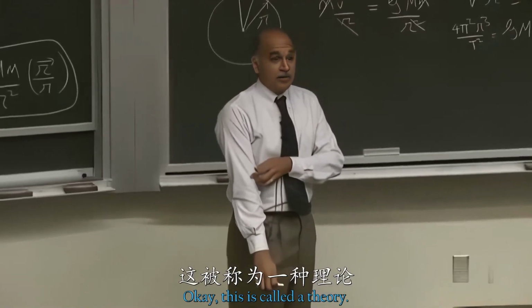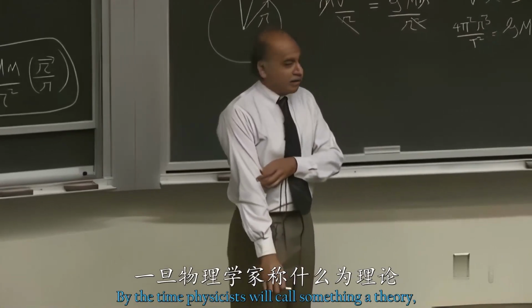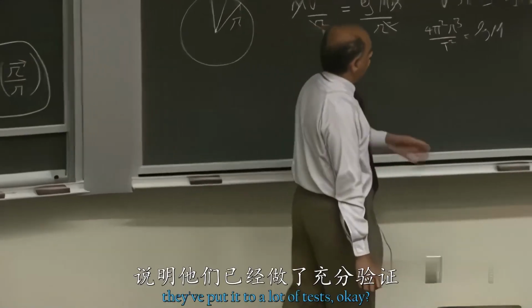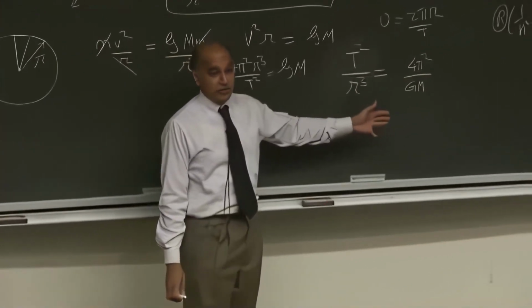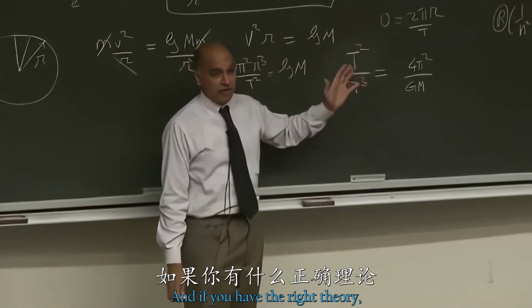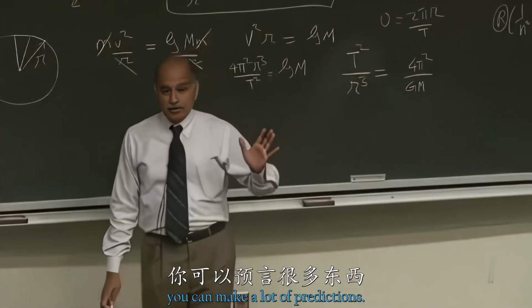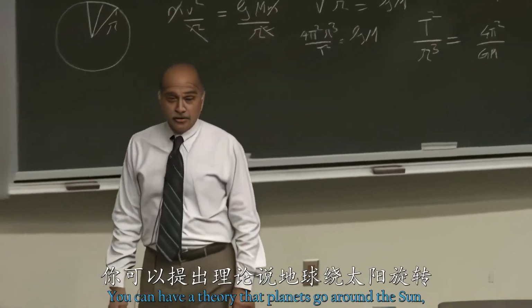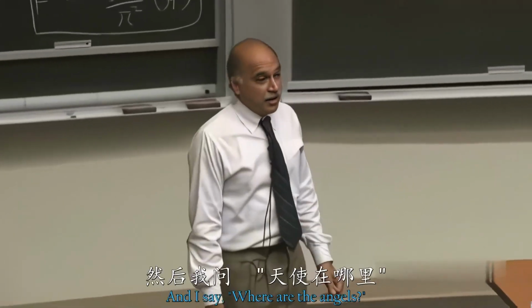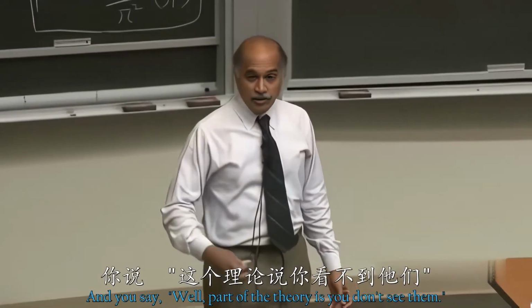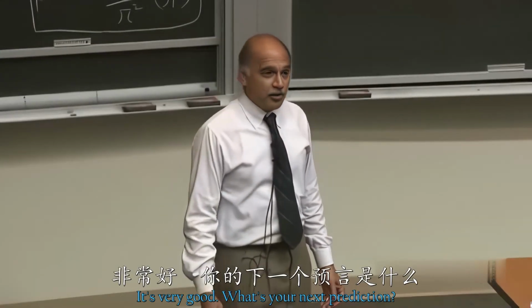Okay, this is called a theory. By the time physicists call something a theory, they put it to a lot of tests. It's not to be casually used. And if you have the right theory, you can make a lot of predictions. You can have a theory that the planets go around the sun because some angels are flapping their wings. And I say, where are the angels? You say, well, part of the theory is you don't see them. It's very good.